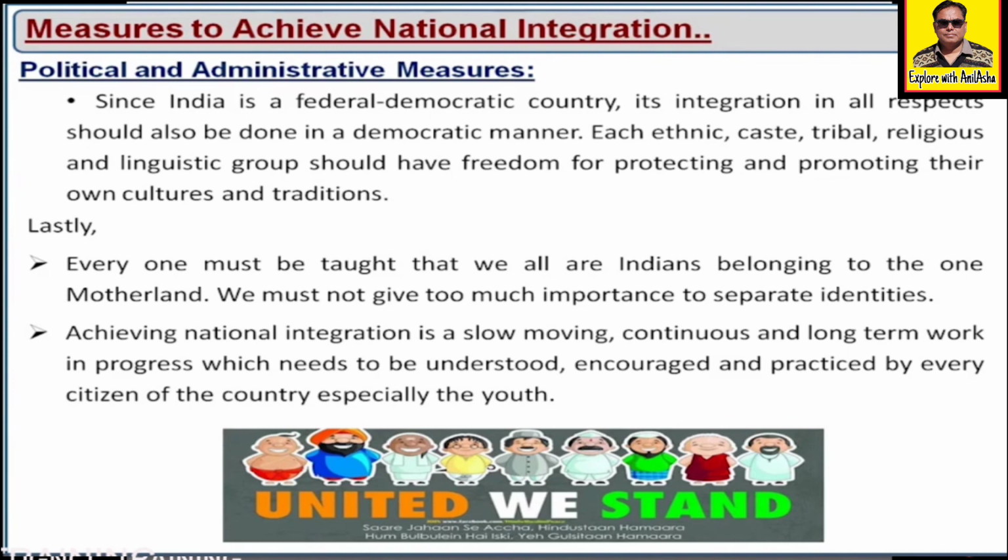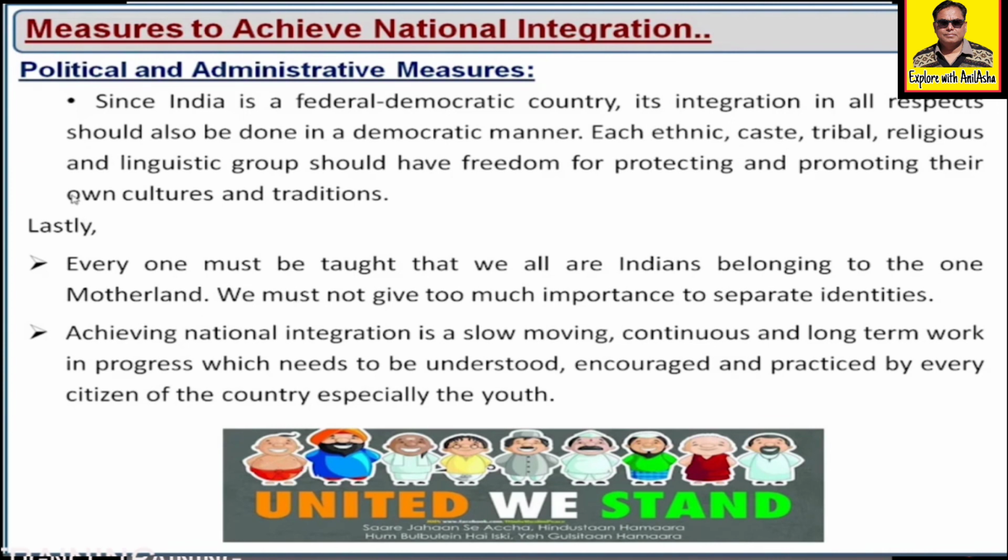Emotional integration with the development of a strong brotherhood among the people discourages the growth of separatism and regionalism. With all these measures, any nation can overcome the issues towards integration.